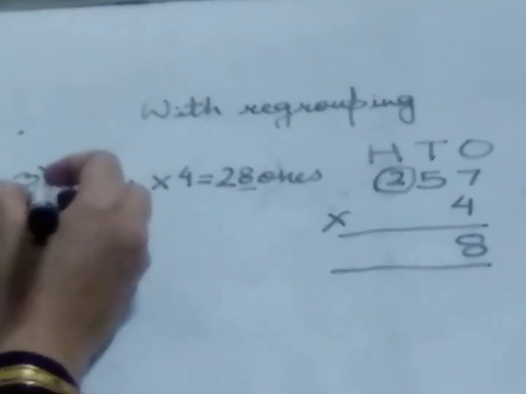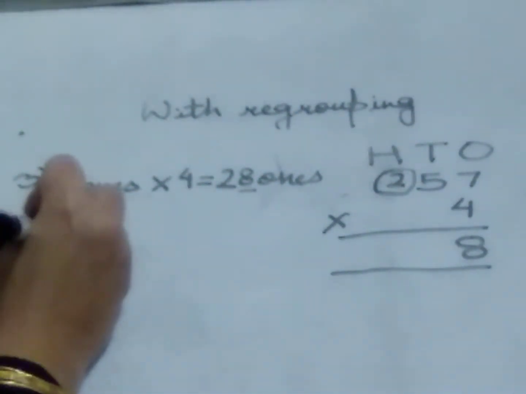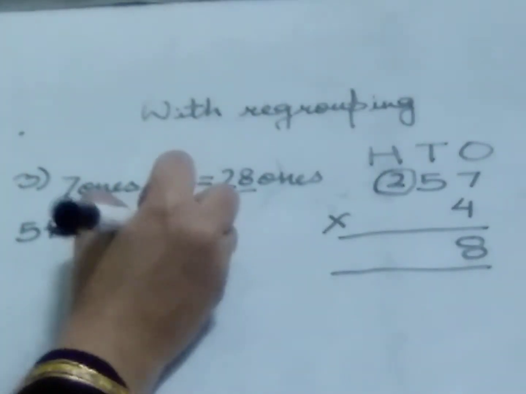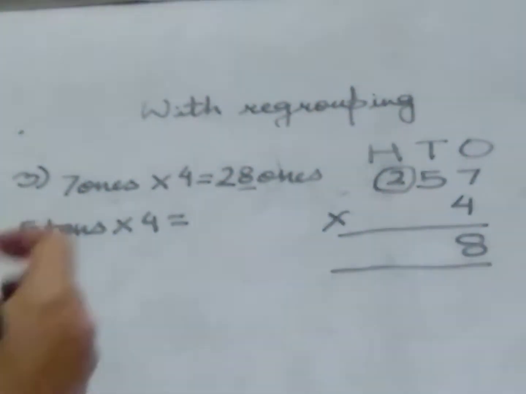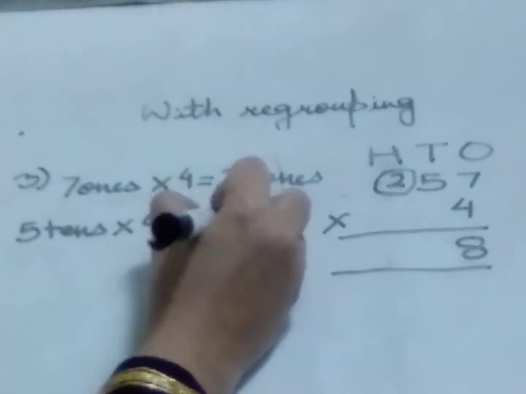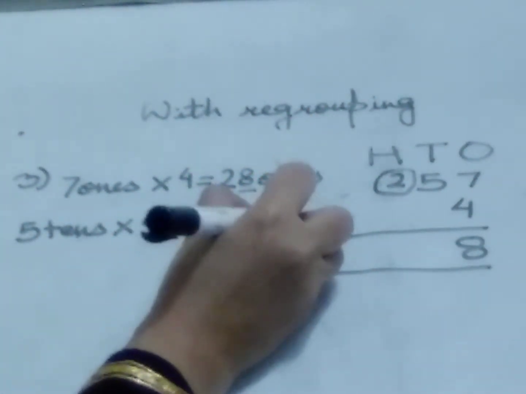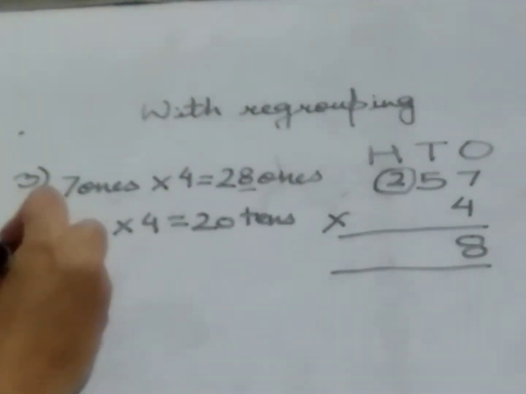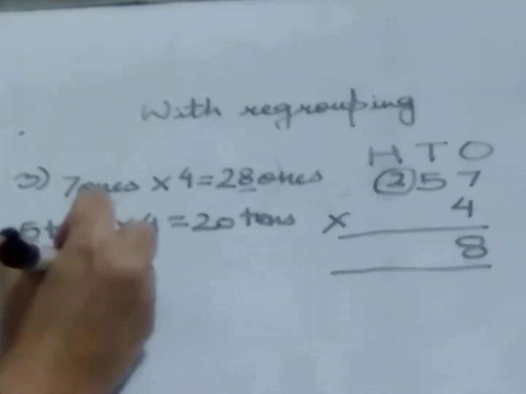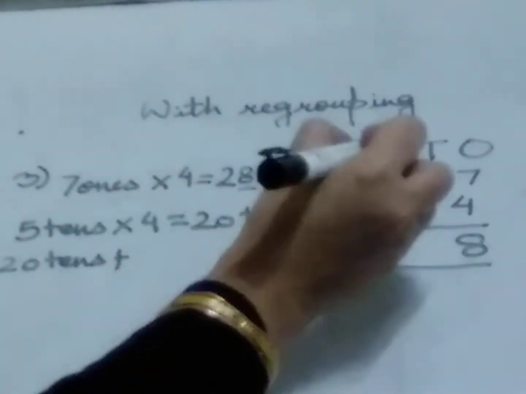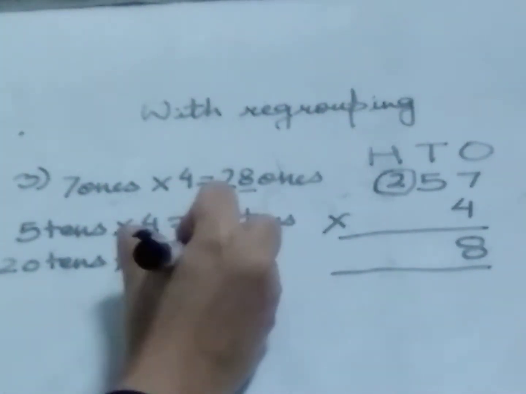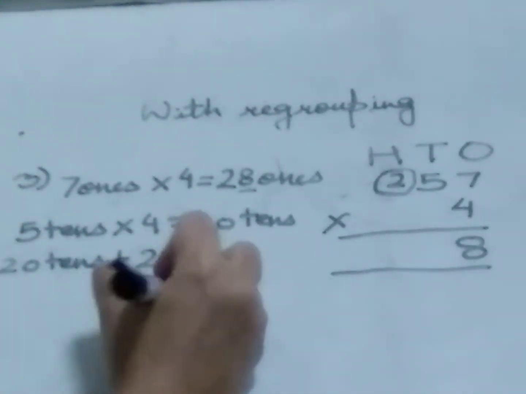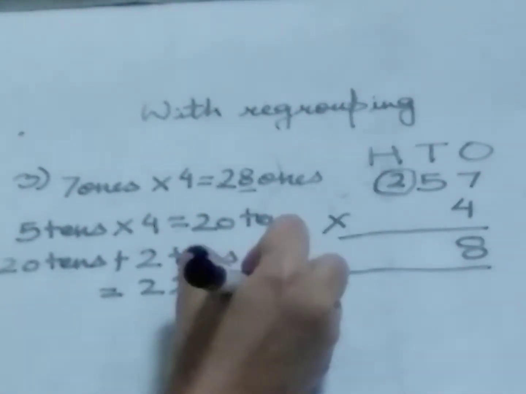Multiply the tens next, which is 5 tens multiplied by 4 is equal to 5 fours are 20, 20 tens. Now 20 tens plus this 2 tens, which is carried over, is equal to 20 plus 2, 22 tens.